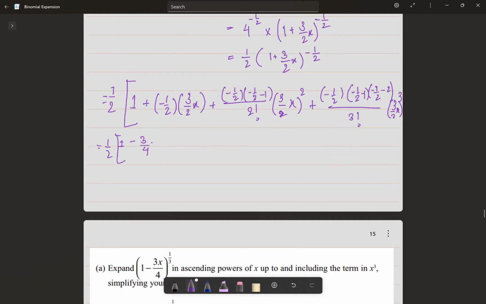For the next one, you have to multiply half with minus half minus 1. So that gives you minus 3 by 2, and then you have divided by 2 factorial and 3 by 2 whole square.